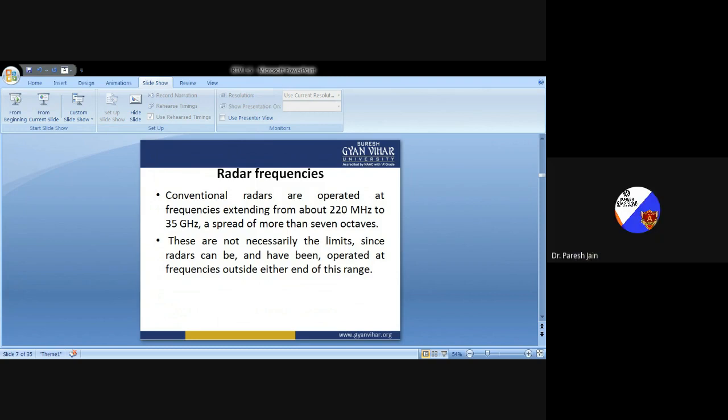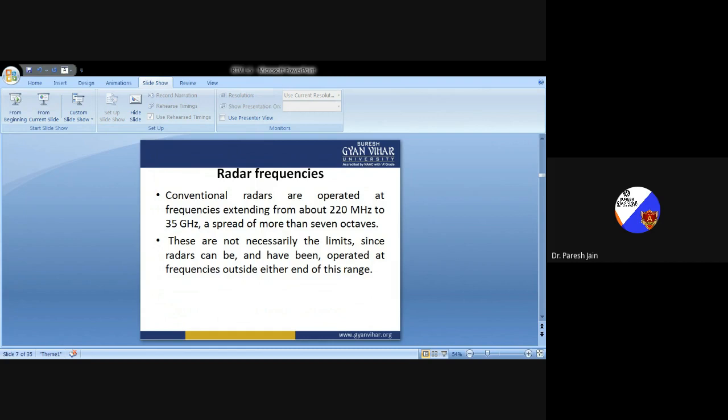So this is only a rough limit within which radar can be operated. Beyond 35 gigahertz we can also design radars, and below 220 megahertz we can also design radars. Nowadays, our radar system always works at high frequency, because all devices in electronics and communication systems work at very high frequencies.